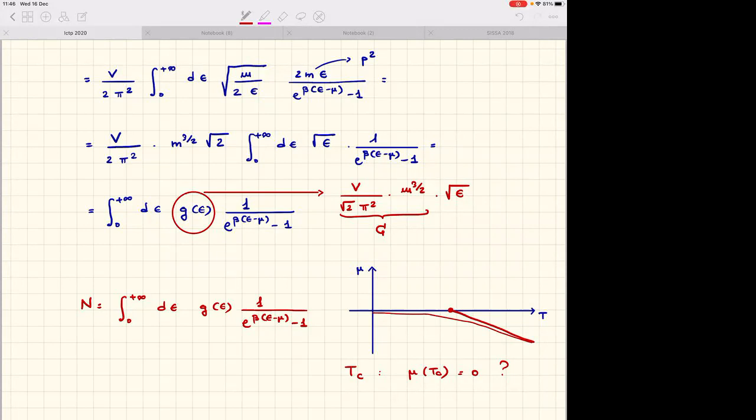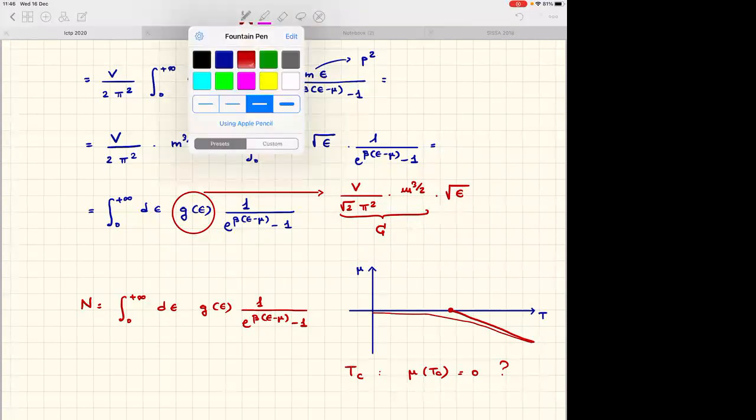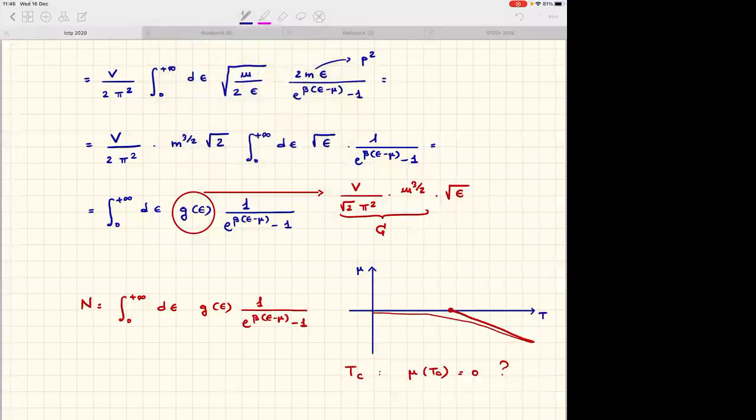But for example, for bosons in 2 dimensions, the chemical potential is always negative. So there isn't a temperature for which the chemical potential is equal to 0 in that case. So it's not always guaranteed. And my question is not just a rhetorical question. It's a question that has also some substance in it.